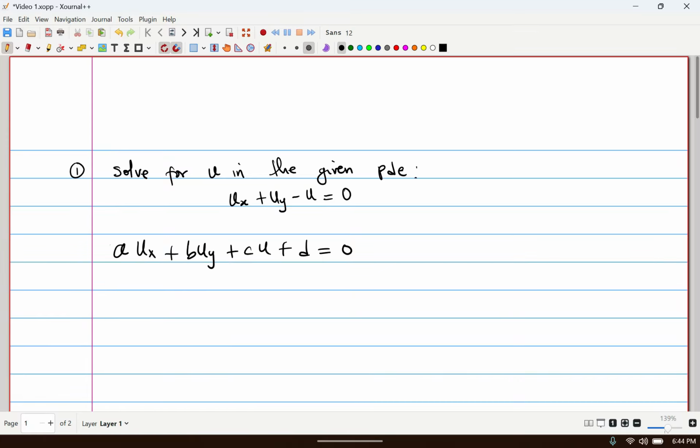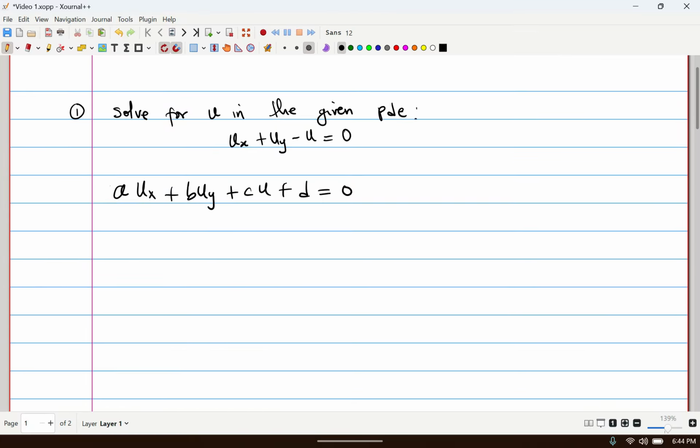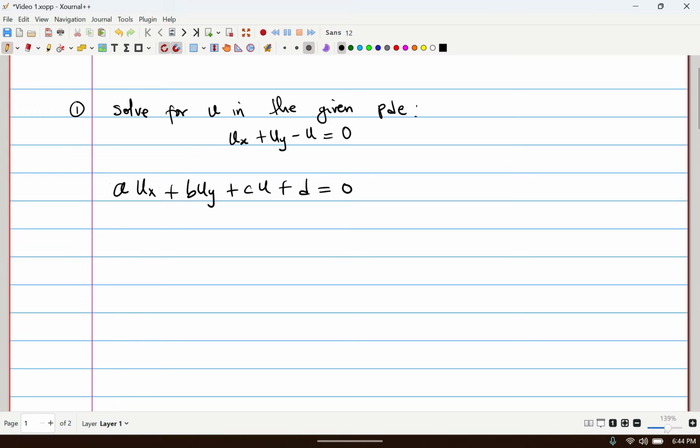And we said using the method of characteristics, what we do in such a problem is we set dx/ds equal to A, and then dy/ds equal to B, and then we take the whole of this side to the other side of the equation and say du/ds is equal to negative C u minus D. This was established in our first lesson.